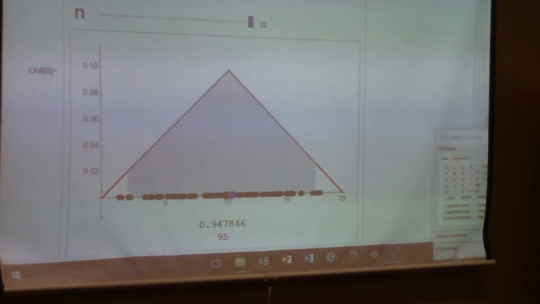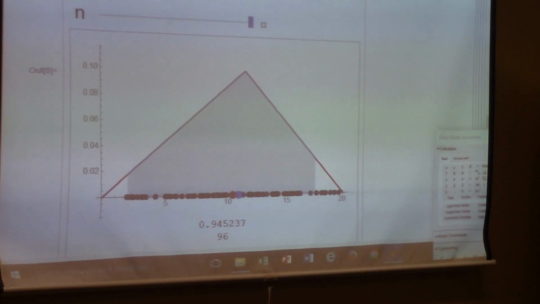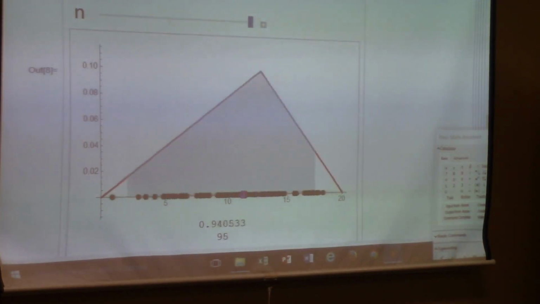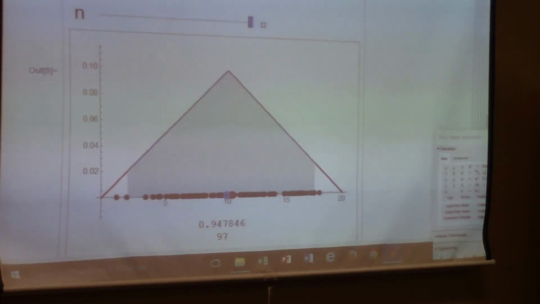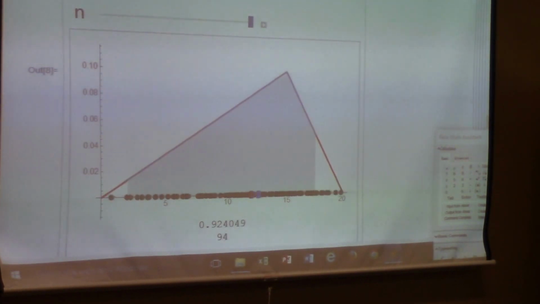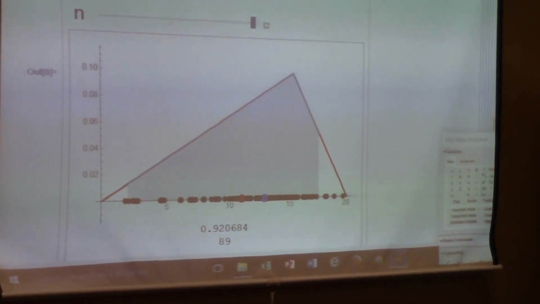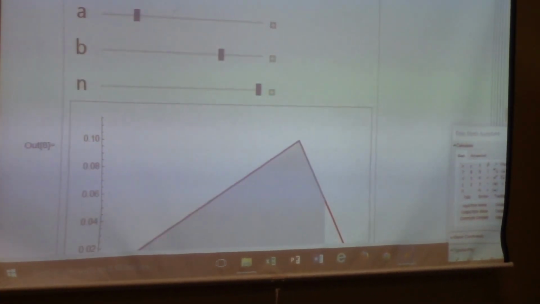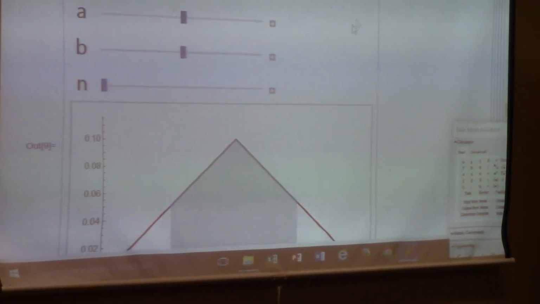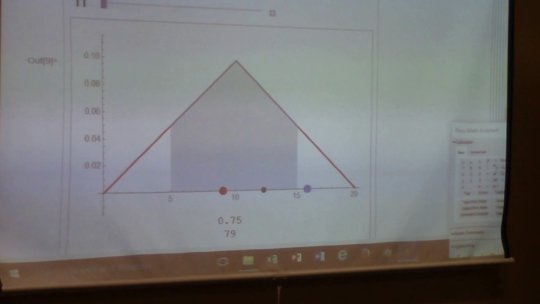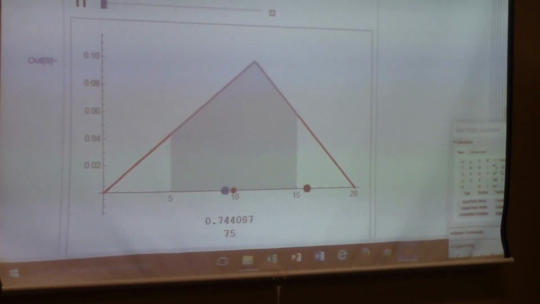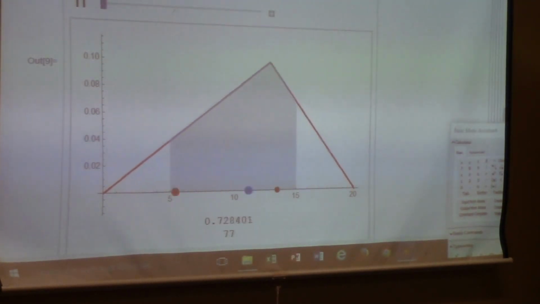I can change C though too. Where's the peak? I can change C, look at that. I can change the nature of the distribution. This one is probably more realistic. And if I went back to, well, let's re-enter it to get back to A equals 5 and B equals 15. If I make it more realistic, what happens to the probability?